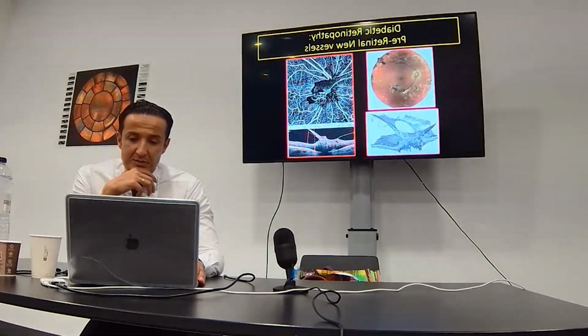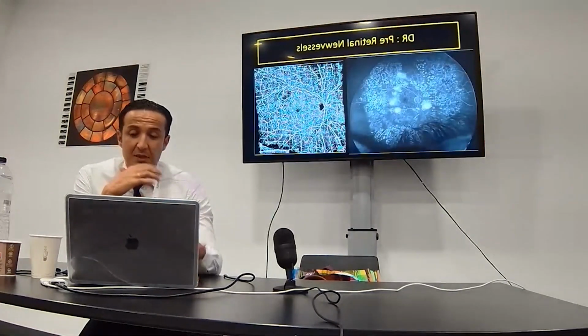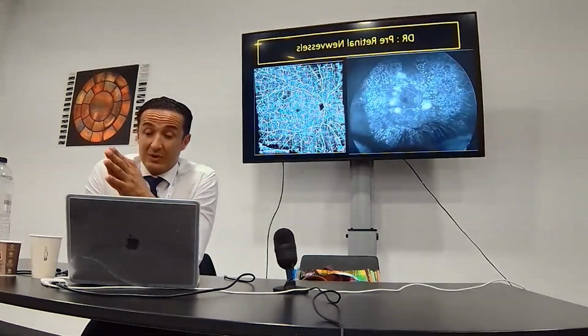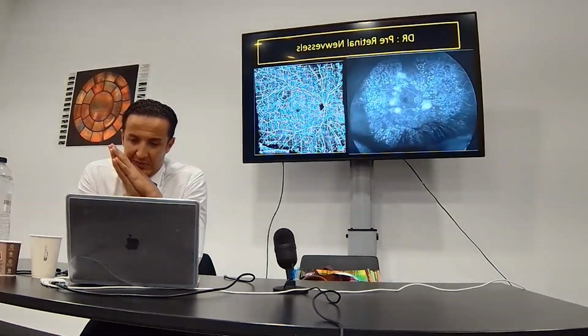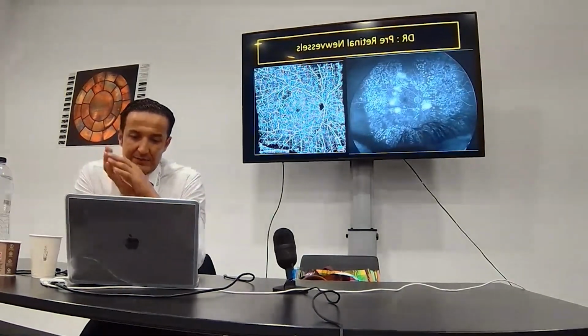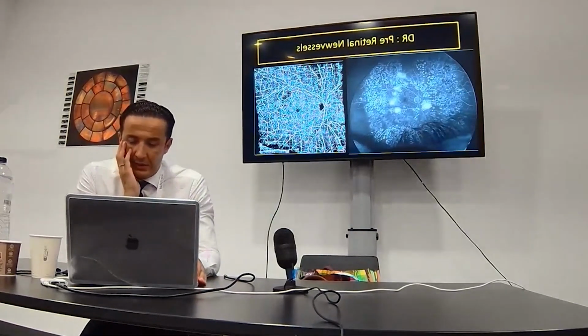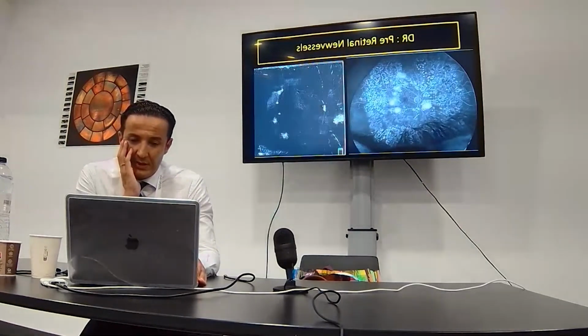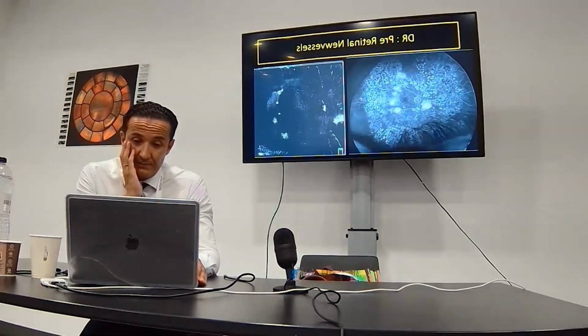And look here, the CNV on the optic nerve, and you can make some composite to check the peripheral area. On the left side, you can observe the fluorescein angiography with the Optos. And look here, you can identify the presence of the preretinal CNV.